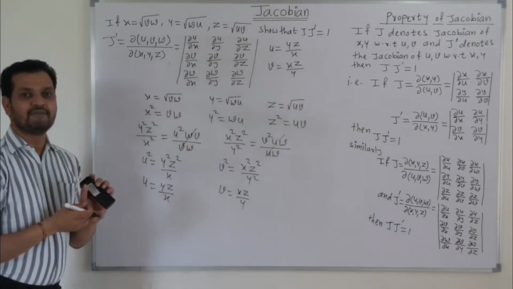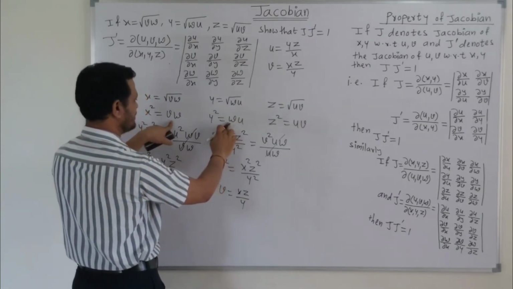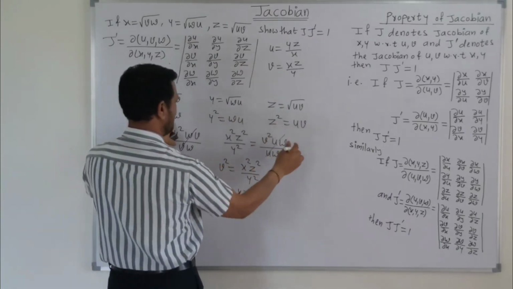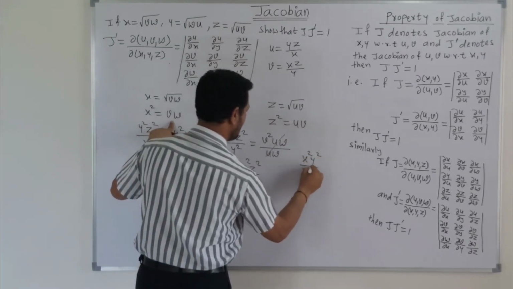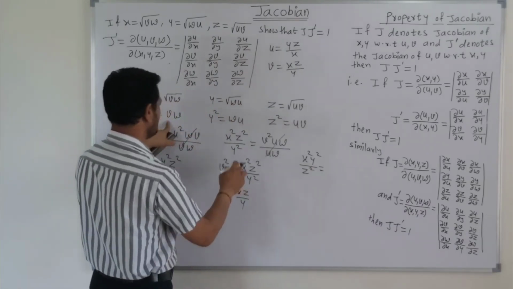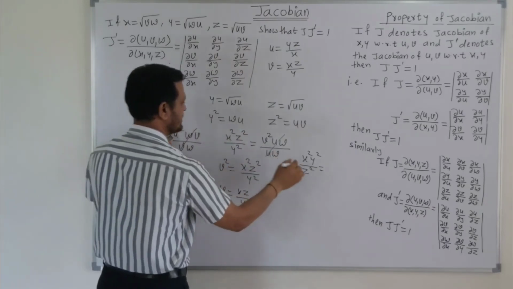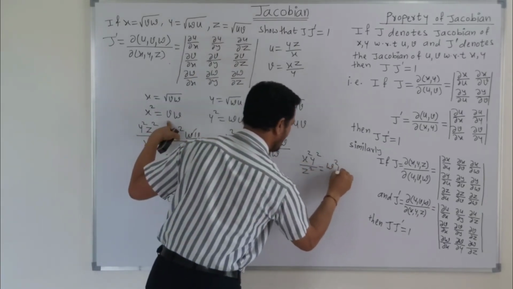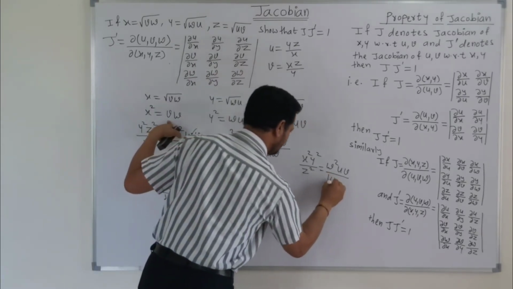Now friends, once again find the value of w. So w is available in these two terms. If we make the square and divide by this term, then we get x square y square upon z square. So if we take the product of these two terms, w into w is w square uv divided by uv.